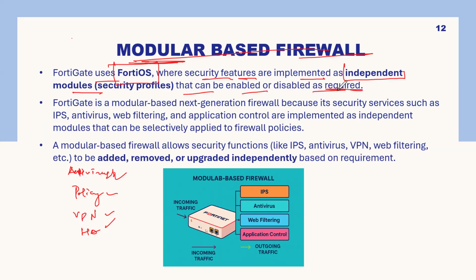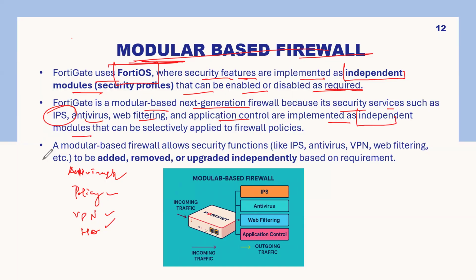FortiGate is a modular-based next-generation firewall because its security services such as IPS, antivirus, web filtering, and application control are implemented as independent modules that can be selectively applied to the firewall policies. By default, they will not be on. You have to make these policies so that they can be used there.